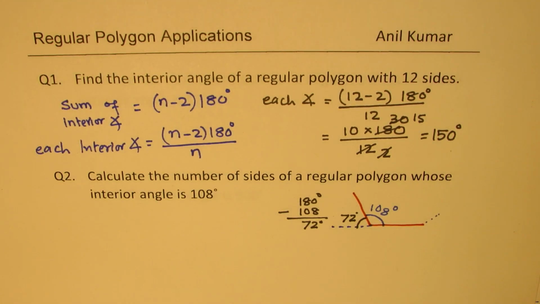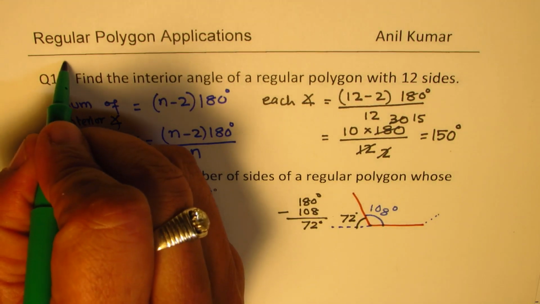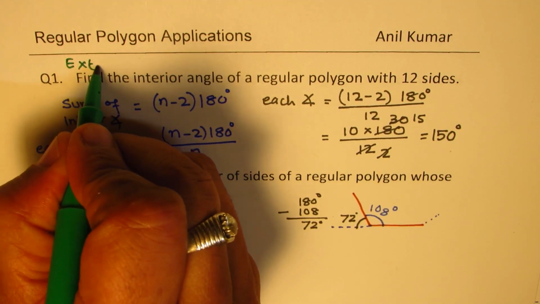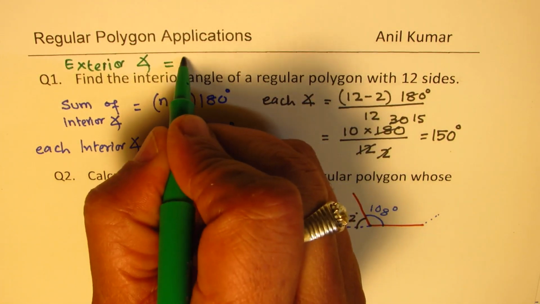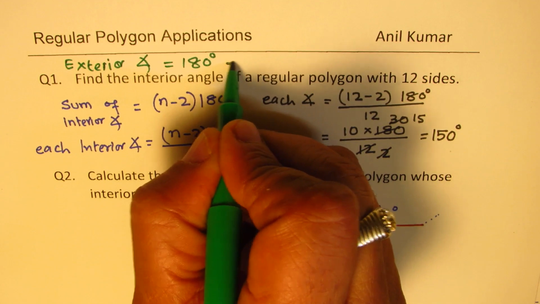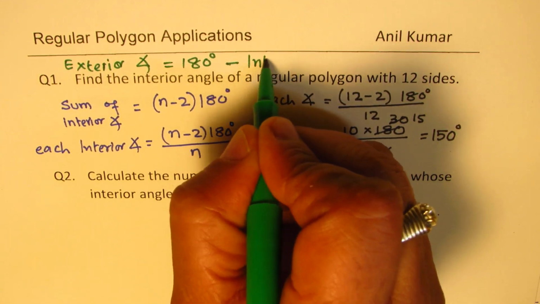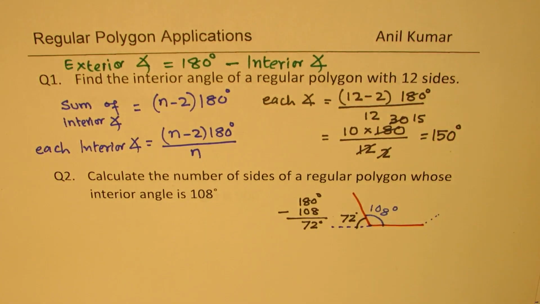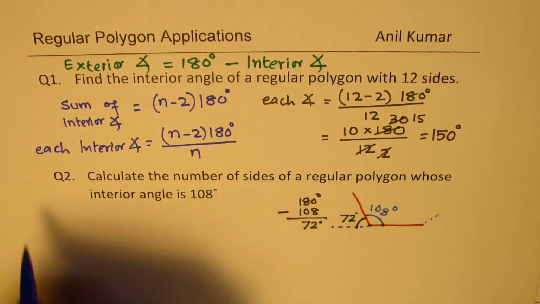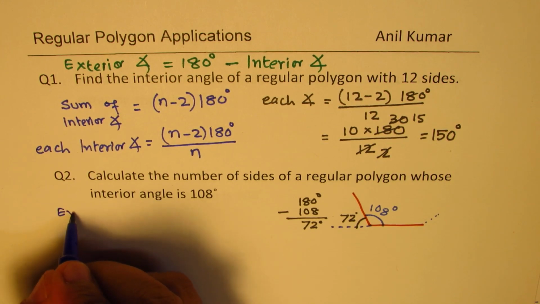So the important thing to note here is that the exterior angle is equal to 180 degrees minus the interior angle. That is very important, right? Now, once you get the exterior angle, you can easily get the number of sides. How? We'll use the exterior angle formula.